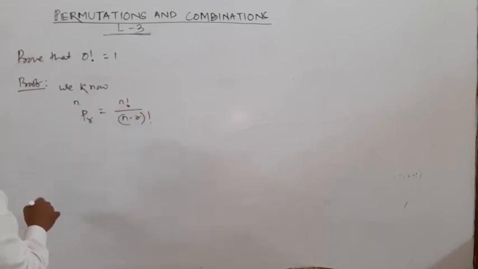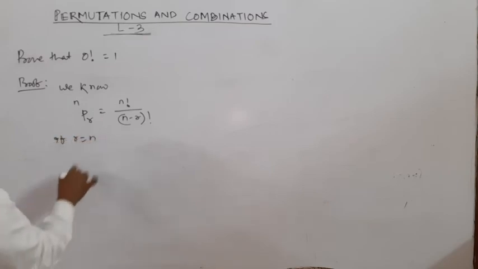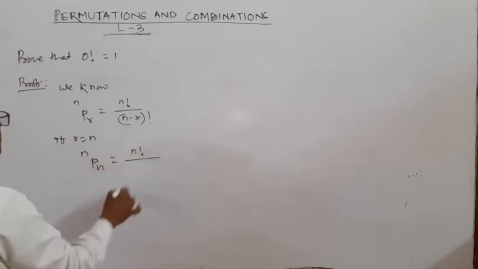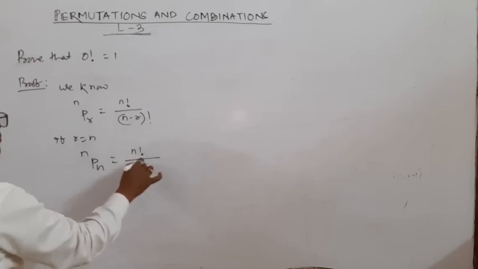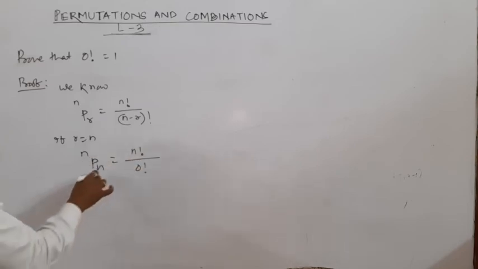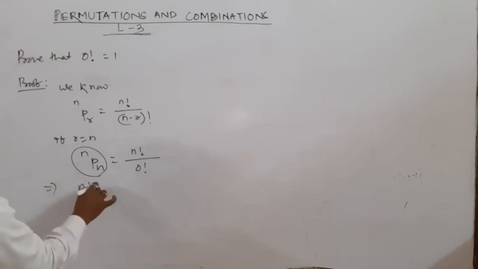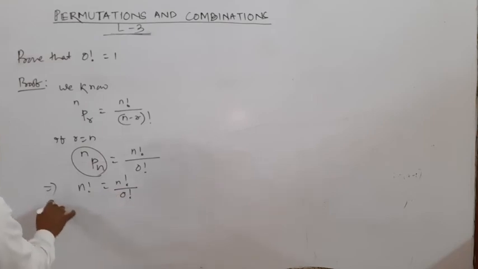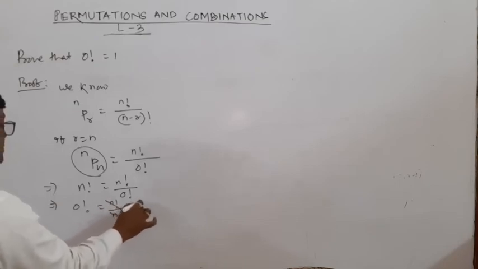If r equals n, then nPn is equal to n factorial divided by (n minus n) factorial, that is 0 factorial. From theorem number 2, nPn means n factorial, so n factorial is equal to n factorial by 0 factorial. That implies 0 factorial equals n factorial by n factorial, which cancels to 1.